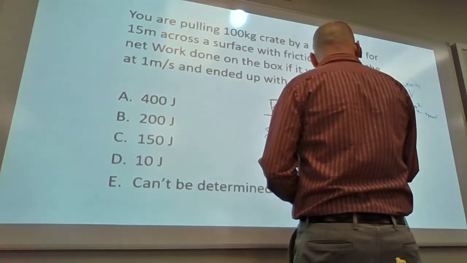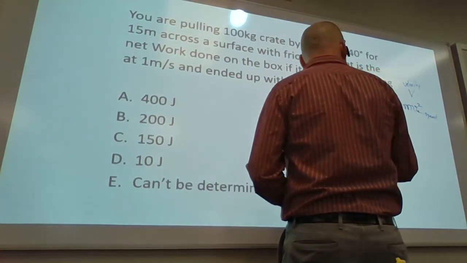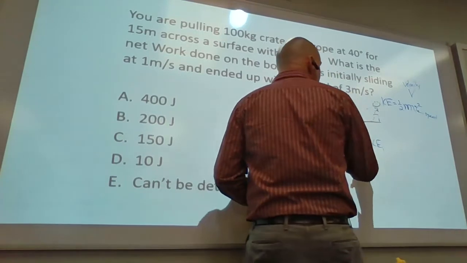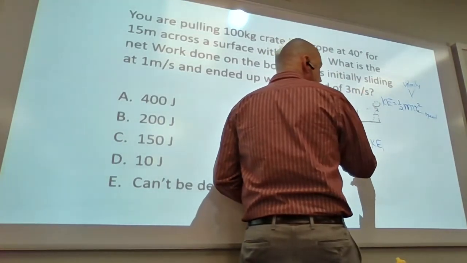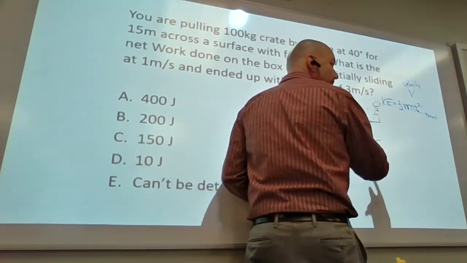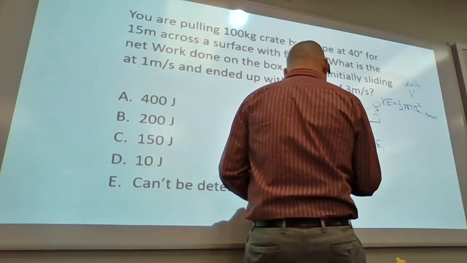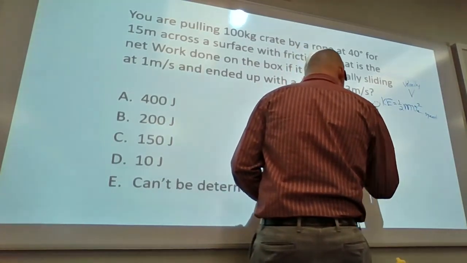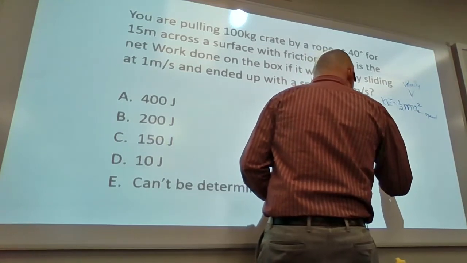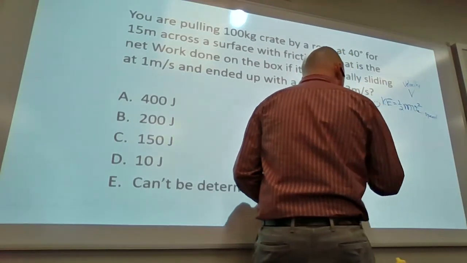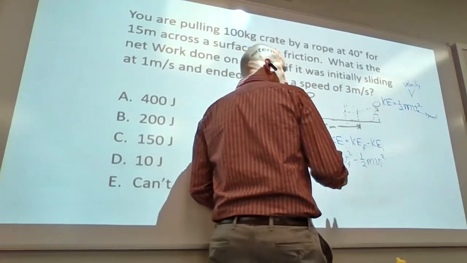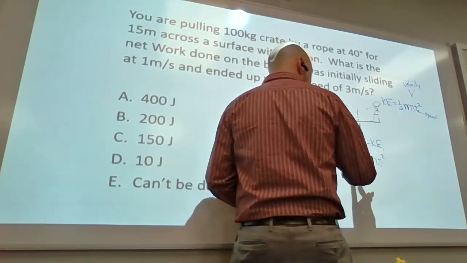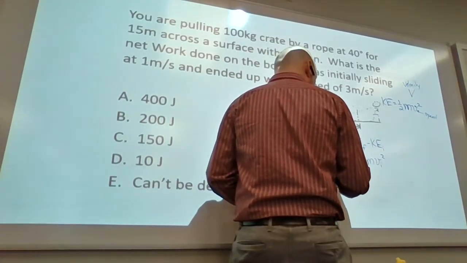Okay, things that I wanted you to see. Number one, it's not just a final kinetic energy, it's the change in kinetic energy. So you need to take one half mass times the final speed squared minus one half mass times the initial speed squared.